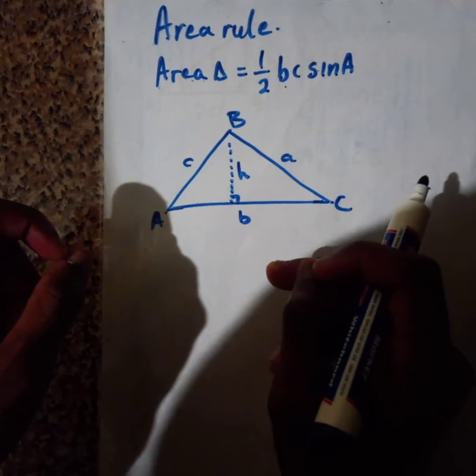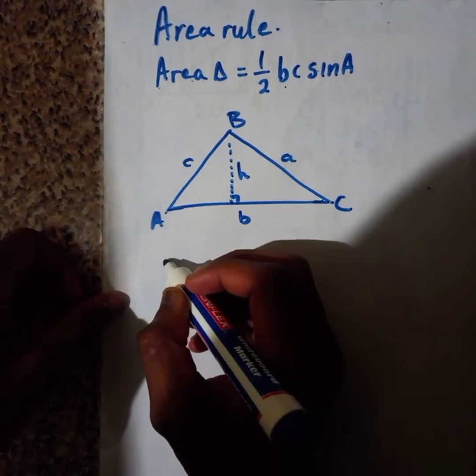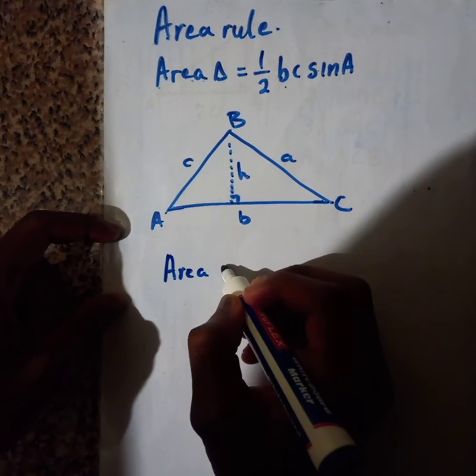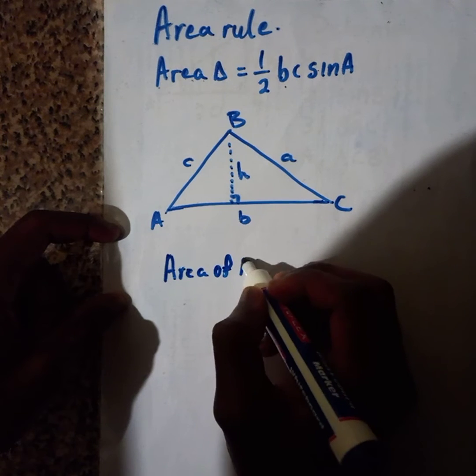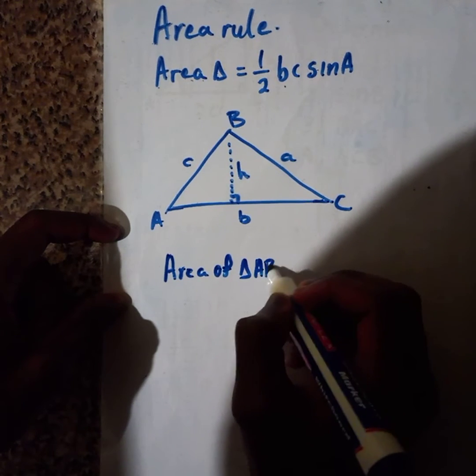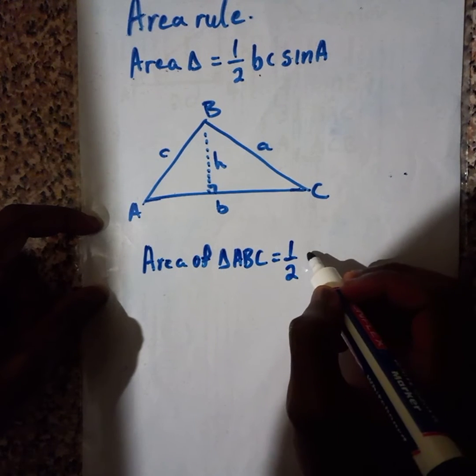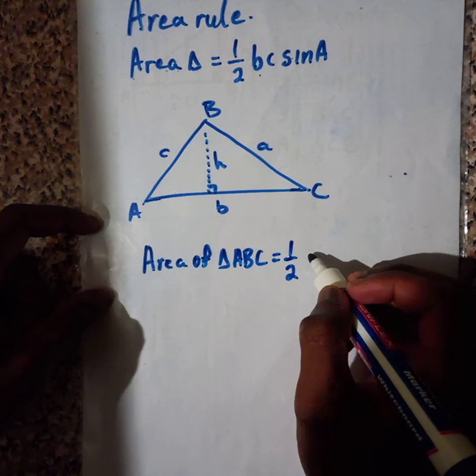We know that the area of triangle ABC should be 1/2 base multiplied by perpendicular height.